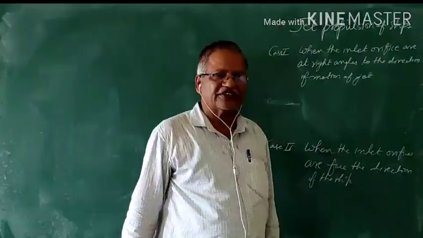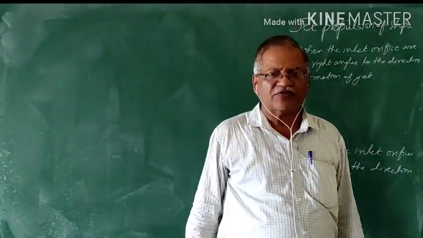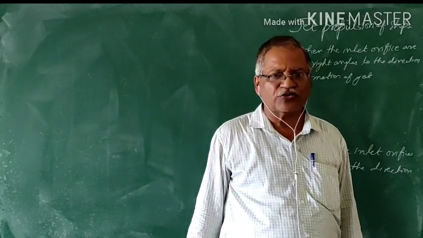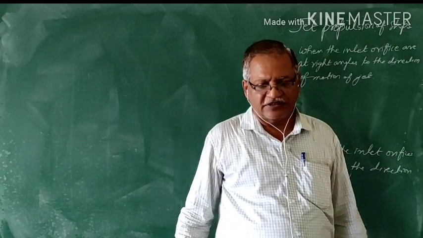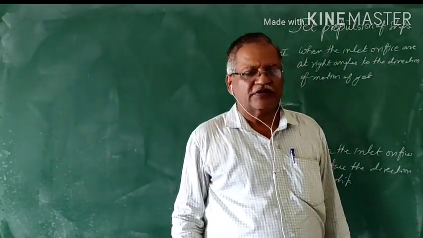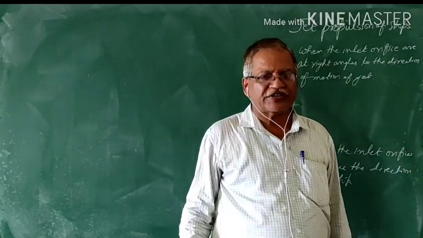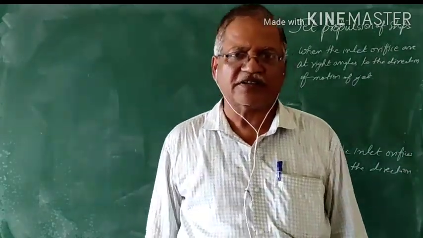In these two cases we will derive the impulse force or the propulsive force, then find out the efficiency of the system, and also find out the use of it, and then we will take some numericals in this class.